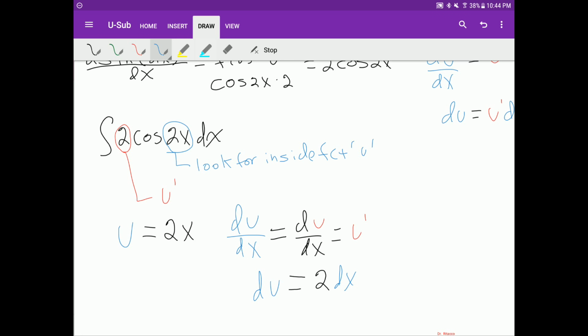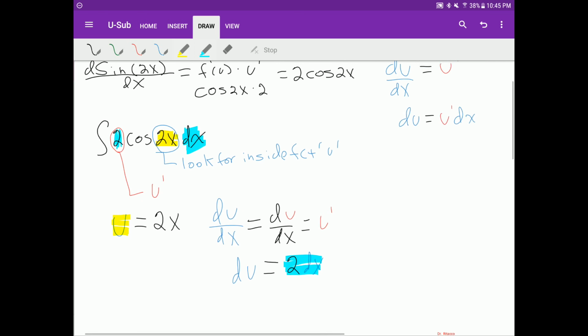Now we can see we've got a couple of things. We've got our u that we're going to substitute in for 2x. And we have du that we're going to substitute in for 2 dx. Here's our 2, and here's our dx.